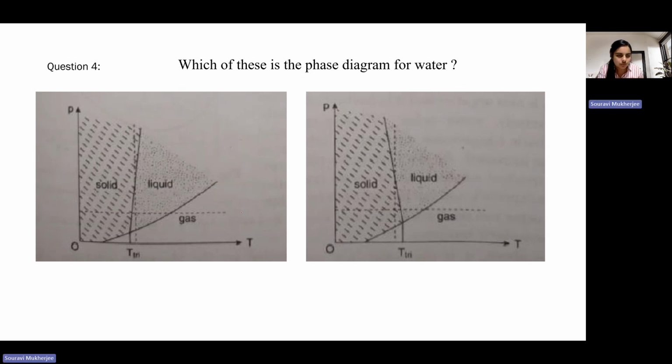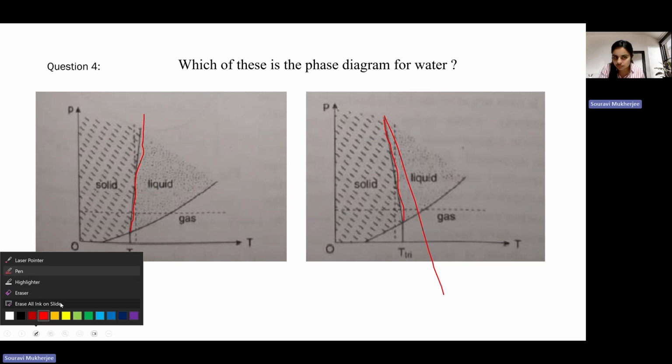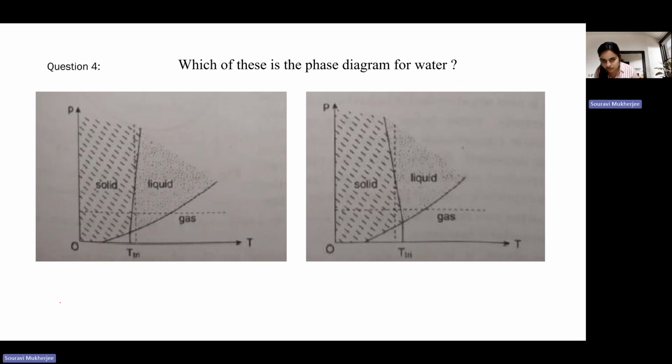See, in these two diagrams, what is different? The slope of this line is different, right? Ignore the curve which is in the line. The slope of this line is different in the two phase diagrams. What is this slope telling us about?